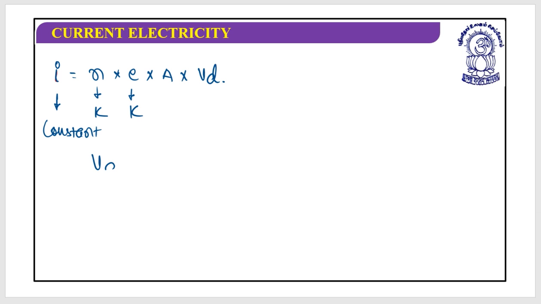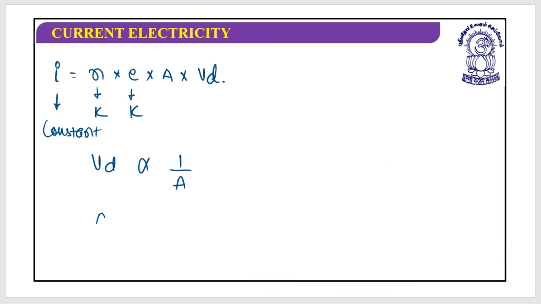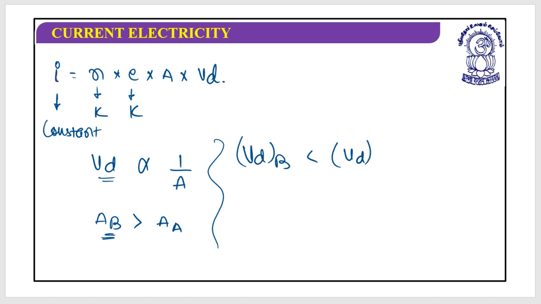So Vd is inversely proportional to A. The cross-sectional area at B is higher as compared to the cross-sectional area at A. As cross-sectional area is higher, drift velocity would be lower. So Vd at B would be less than Vd at A. And that's it. You did it. Great job. Well done.